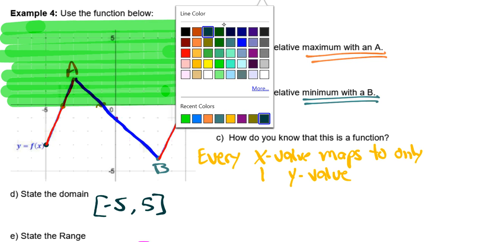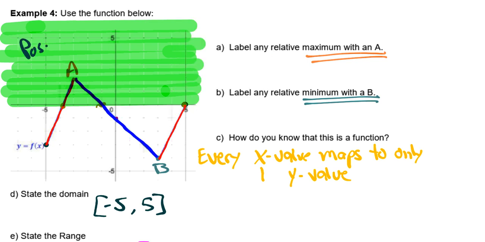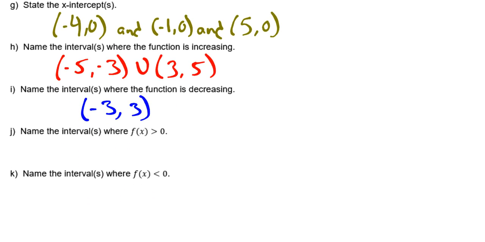It's considered positive y values. So the parts of the graph that fit into that zone is this pointy part here that goes from -4 to -1. The x values describe where it is positive, and it is positive from -4 to -1.